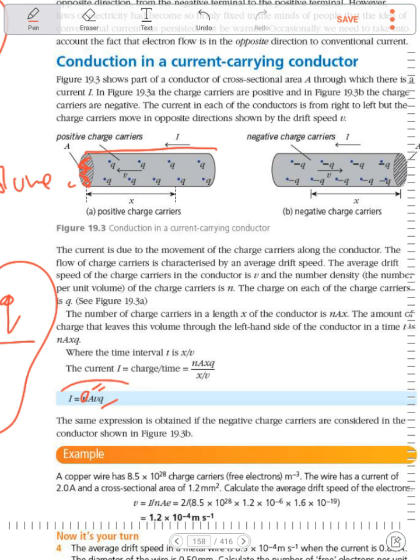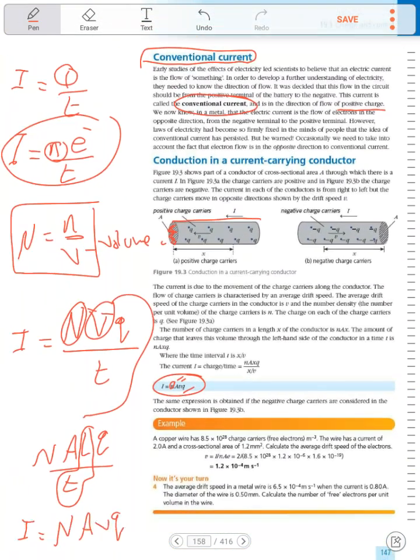This expression is very important and you have to understand how to find this value. So I equals N A V Q. Some textbooks write it in small letter and some write it in capital letter, so you have to understand what N stands for.